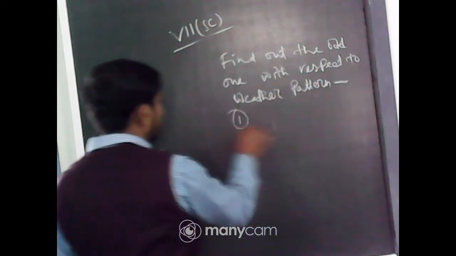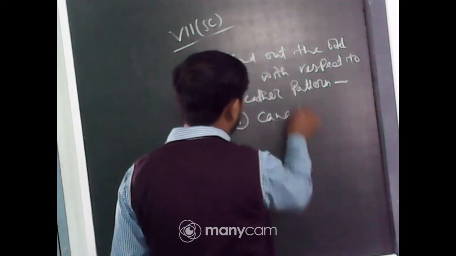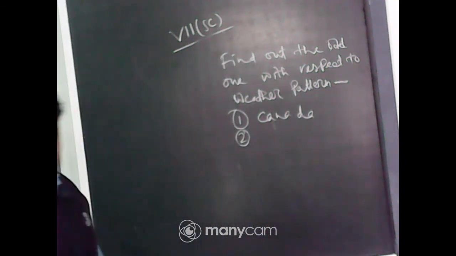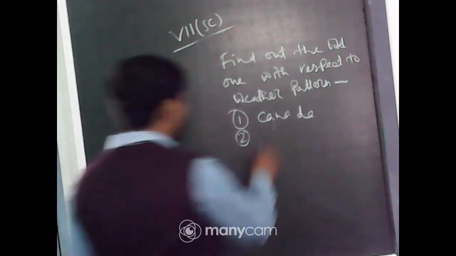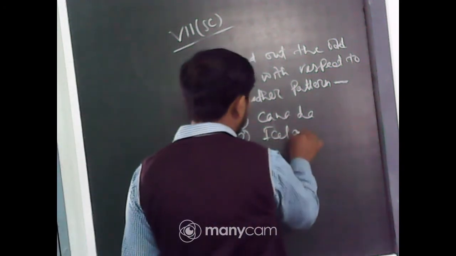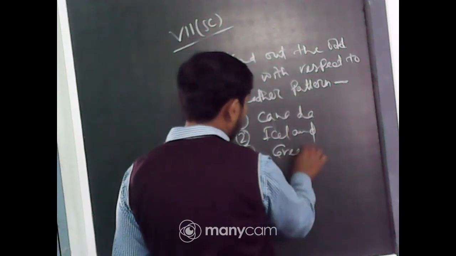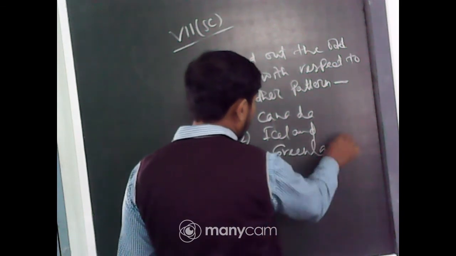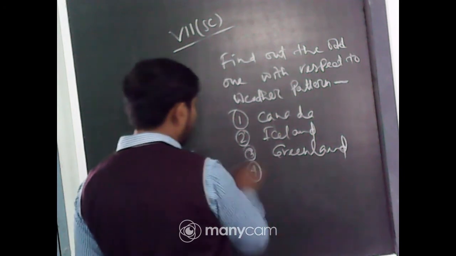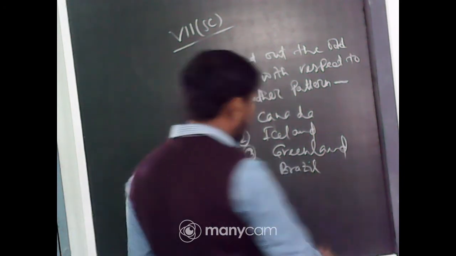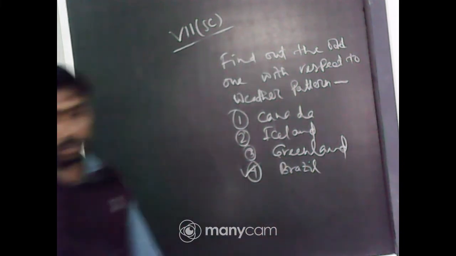Now, the options are number 1 Canada, number 2 is Iceland, number 3 is Greenland, and number 4 is Brazil. This is the correct one.